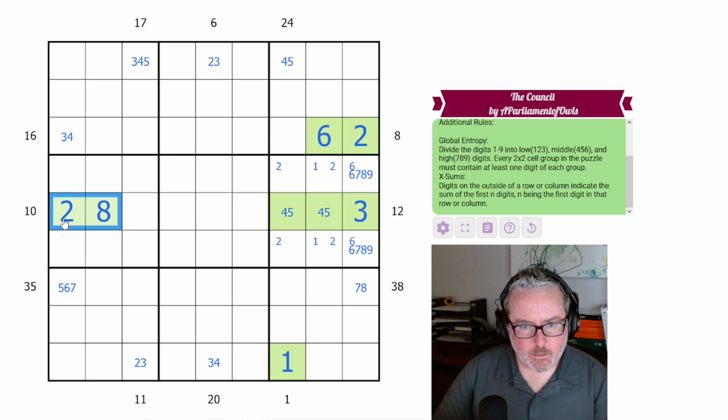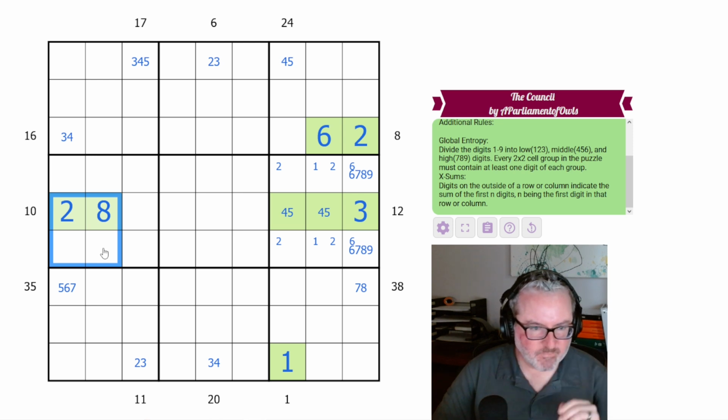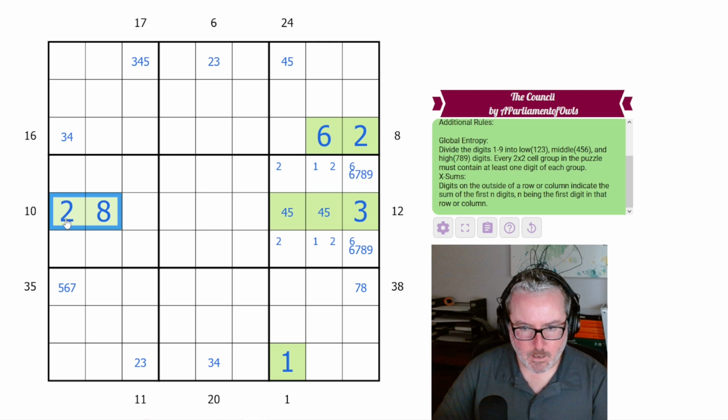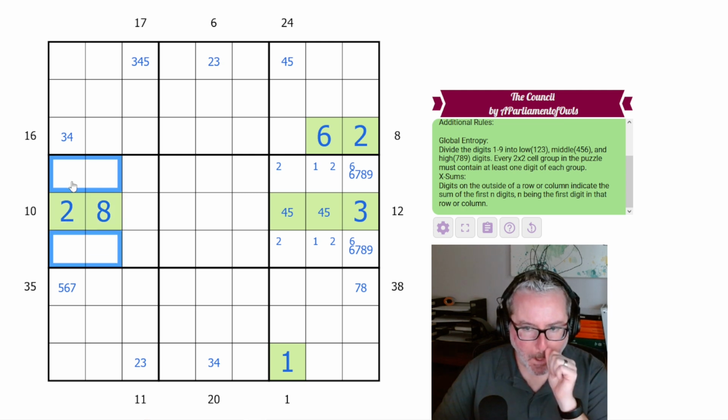What can we think about in these groupings? Because we know we have a low and a high, so we're going to have a middle and a middle. But they really could be just about anything.